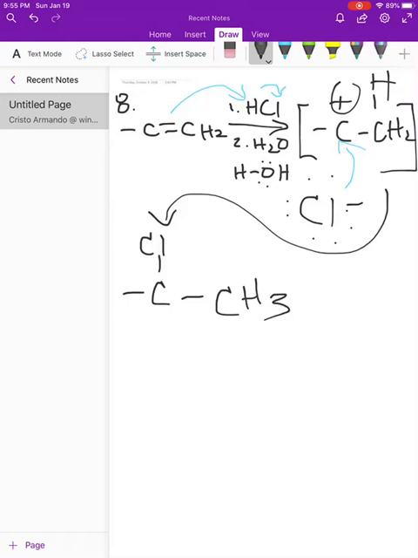Right? And so the second part of the reaction is basically going to react with water, right? Again, I like drawing it like this. The double bonds of water gonna attack this carbon.